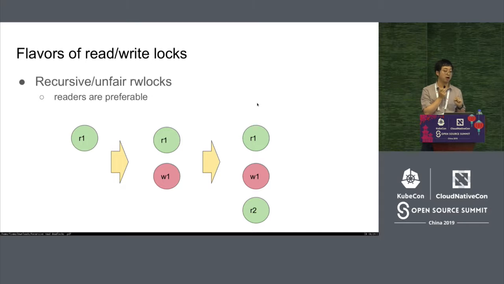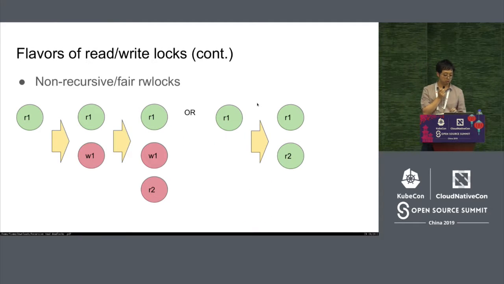And next we have R2, reader 2, and they get the lock. If it's like this, then it's a non-fair rwlock. If writers keep coming, then W1 will not get the lock. It's unfair, and the writer will be very hungry, and it's not very good. And so all the rwlock is fair rwlock.